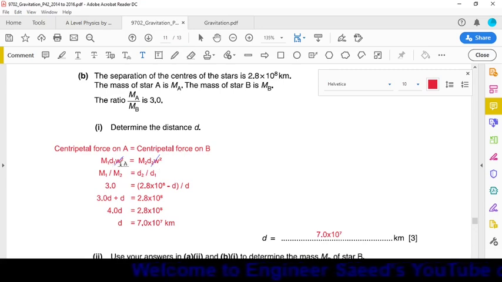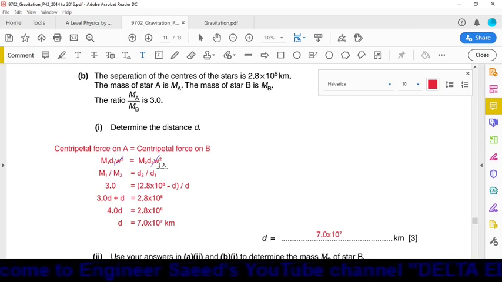For the angular velocity we have not taken 1 or 2, because the angular velocity of star A will be equal to the angular velocity of star B. Both stars will be moving with the same angular velocity.